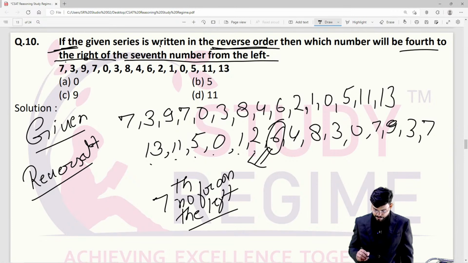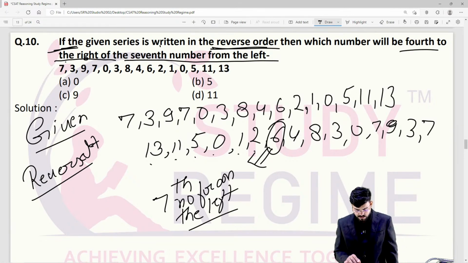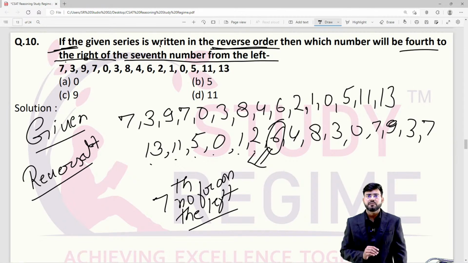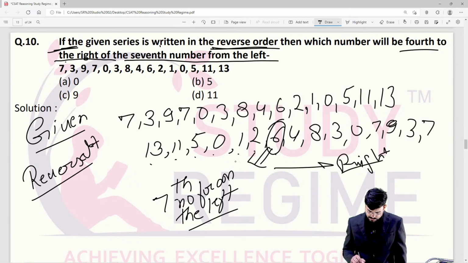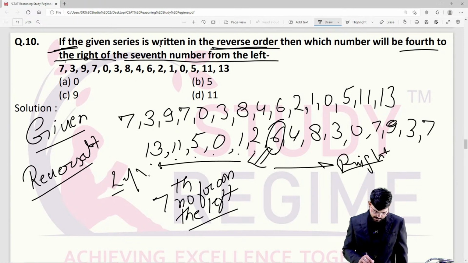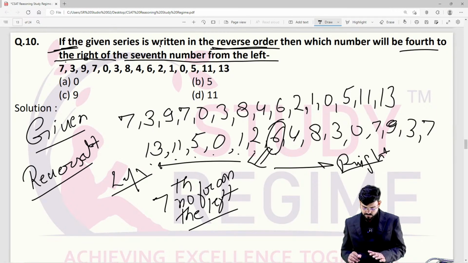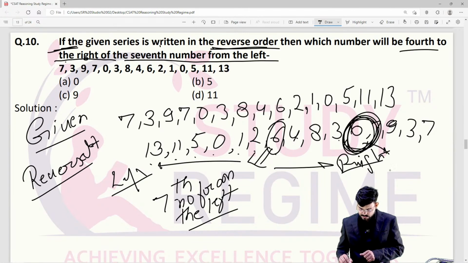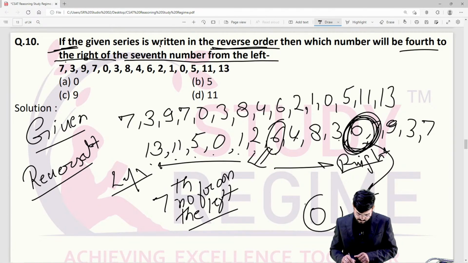Clear? Now the question is asking which number will be the fourth to the right of the seventh number. If we go here, we go in the right direction; if we go there, we go in the left direction. So what will be the fourth number from the seventh number? 1, 2, 3, 4. This is the fourth number. Your answer will be 0.